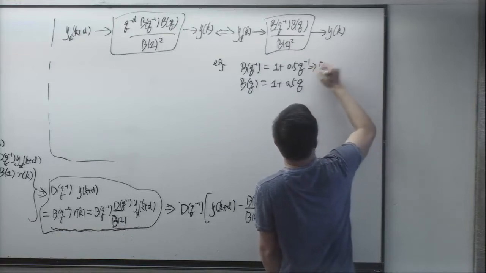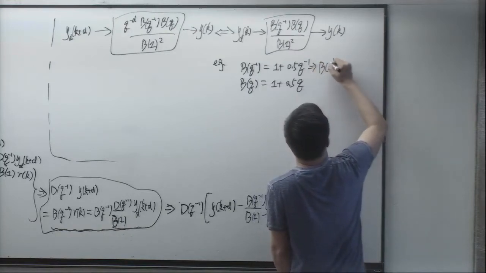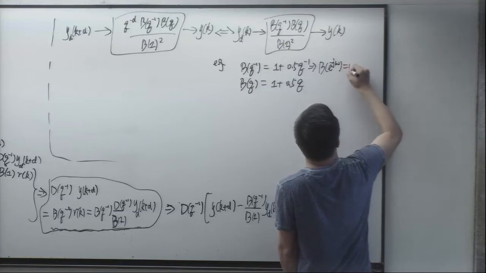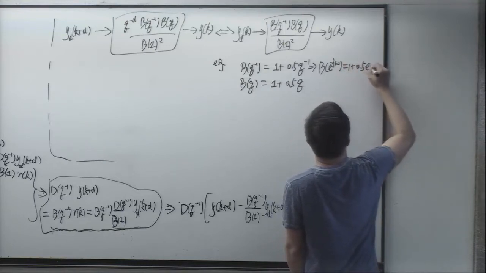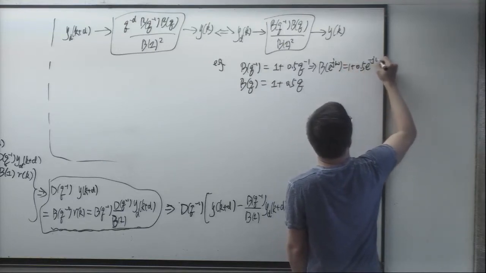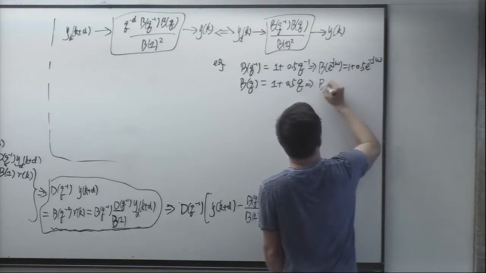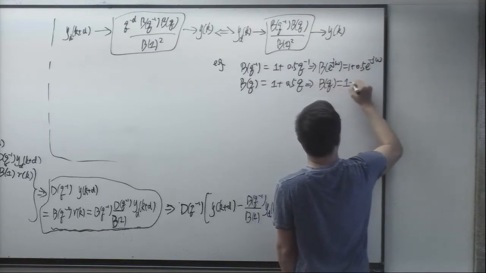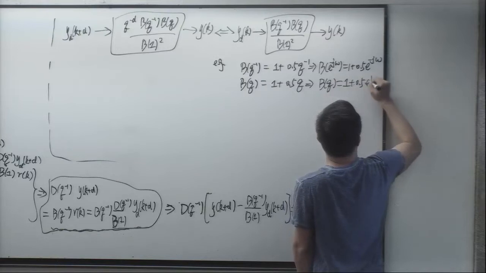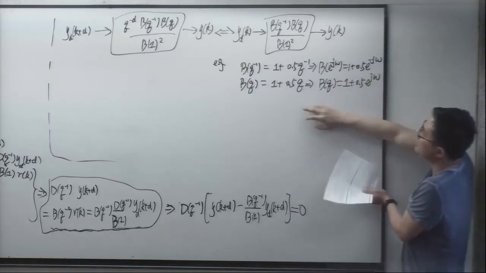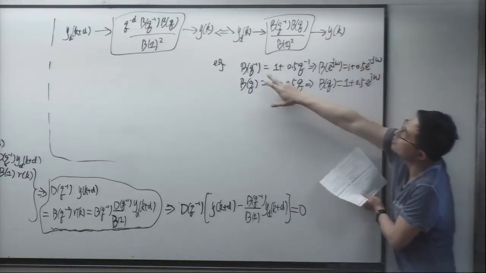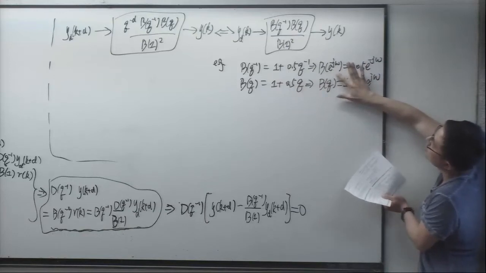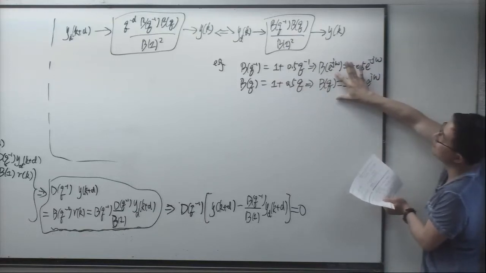So the frequency response is obtained by evaluating this polynomial at Q equal to e to the j omega.